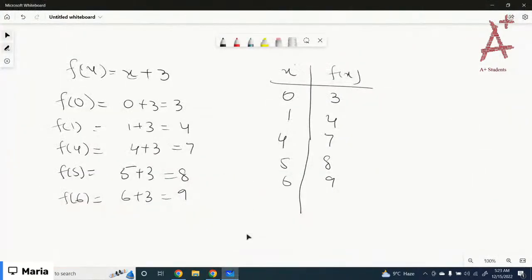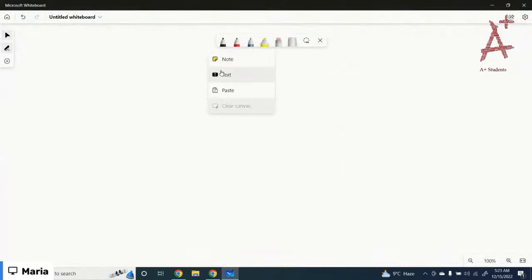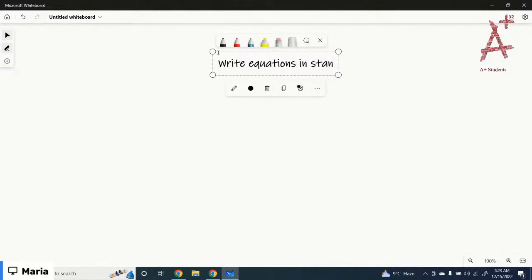Let me write down the lesson name, then we'll start. Write equations in standard form.